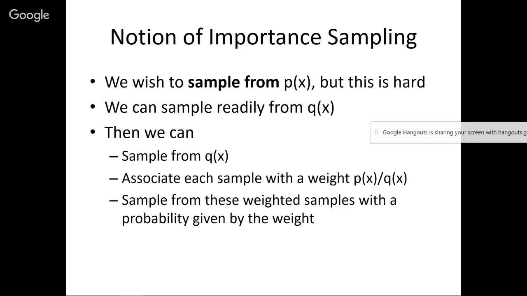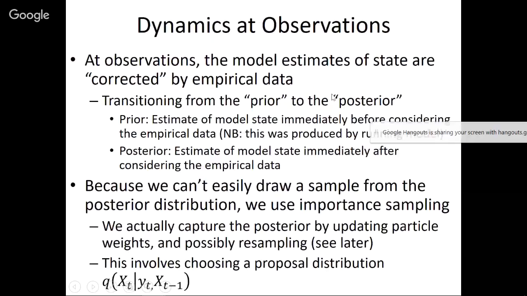Okay. So when we have a distribution that's hard to sample from, this provides us this idea of weighting samples from another distribution and then sampling from those weighted samples according purely to their weight. It provides us a way to sample from a distribution that's hard to sample from directly. And that's exactly what goes on in particle filtering. We're going to explain this more in a later talk, and particularly how this fits in with sequential importance sampling.